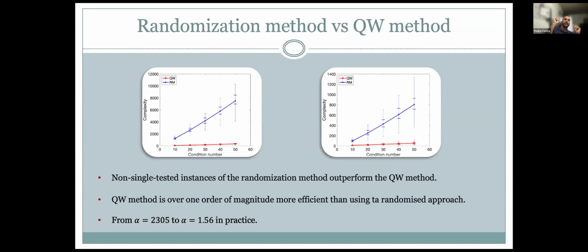If I select the best result for the randomization method over these 100 instances and compare it with the worst of our quantum method, our worst still wins. This is shown by there being no overlap between the error bars here. These large error bars come from different characteristics of each instance of the matrix.